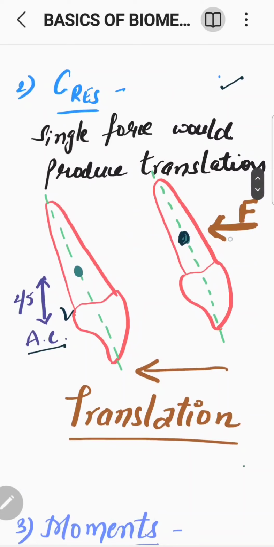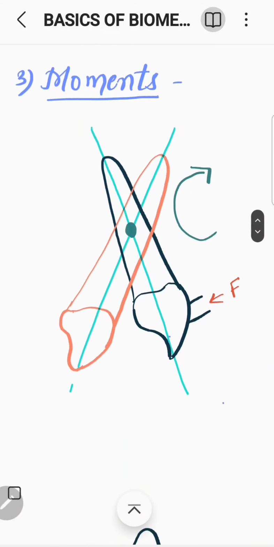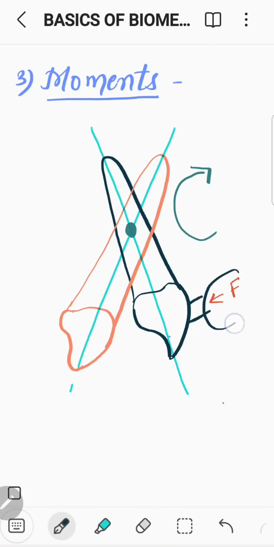From this diagram, we know whenever the force is applied to a particular point, if the whole tooth moves itself, that is, it is being translated, that particular point is the center of resistance. But when we describe moments, whenever the forces applied onto the tooth are not passing through, in which the line of action is not through the center of resistance of the tooth, in that case the tooth will not translate itself.